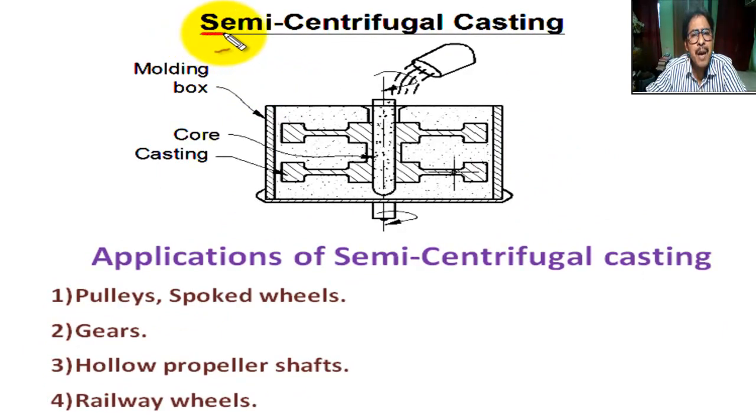Now, what is semi-centrifugal casting? This is the figure of the semi-centrifugal casting mechanism. This is the molding box. This is the vertical axis which rotates.